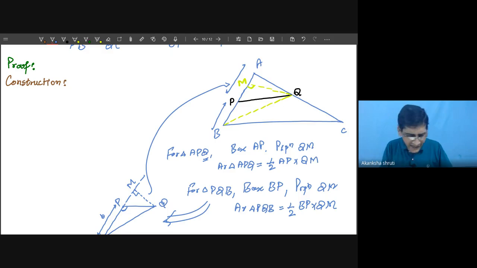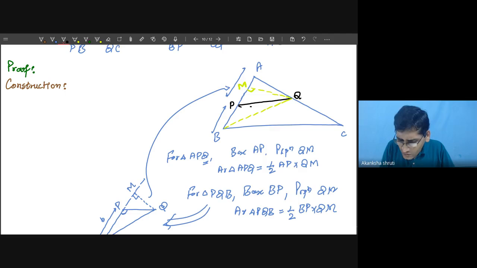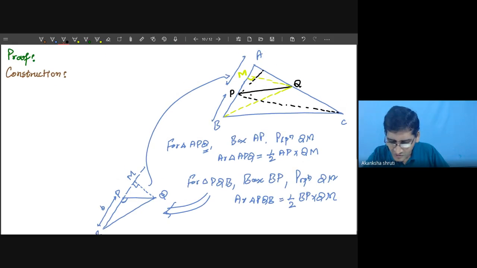We need a triangle which shall join C with P, and the perpendicular from this P over the AQ. We may consider this as N. Okay, so this much is our construction that we have to keep in mind.